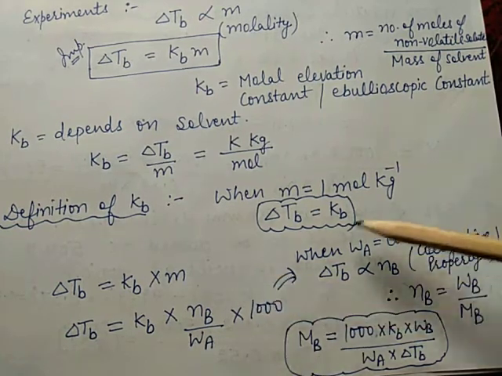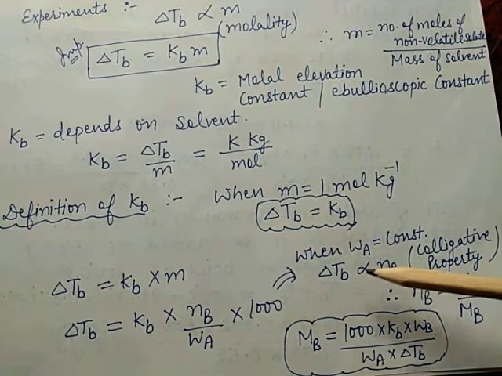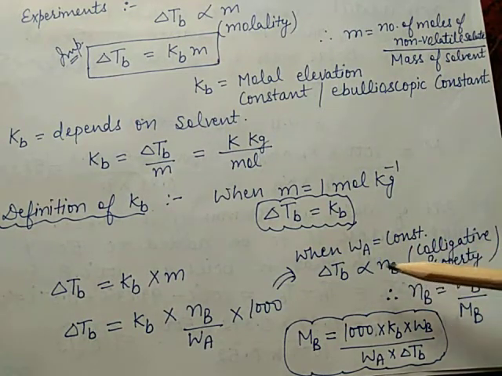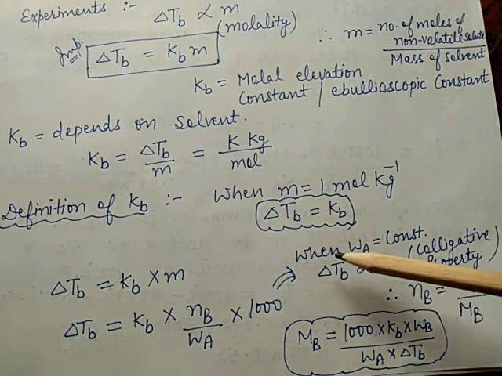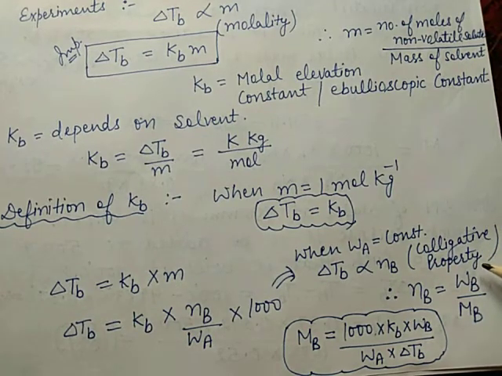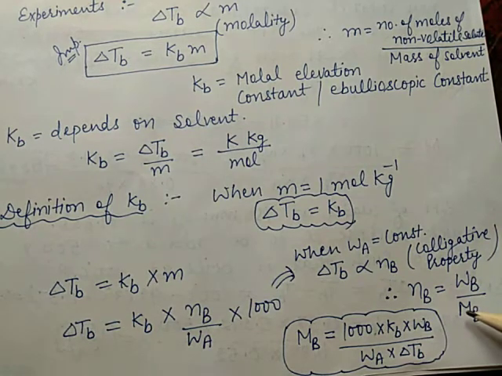If Wa is constant, then delta Tb is directly proportional to the number of moles of solute. It means the elevation in boiling point depends on the number of moles of solute, so it is a colligative property. Nb is equal to given mass Wb divided by molar mass of solute Mb.